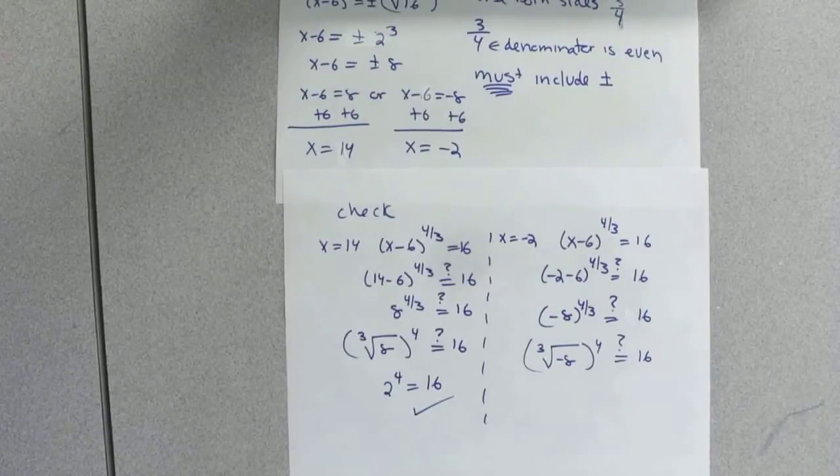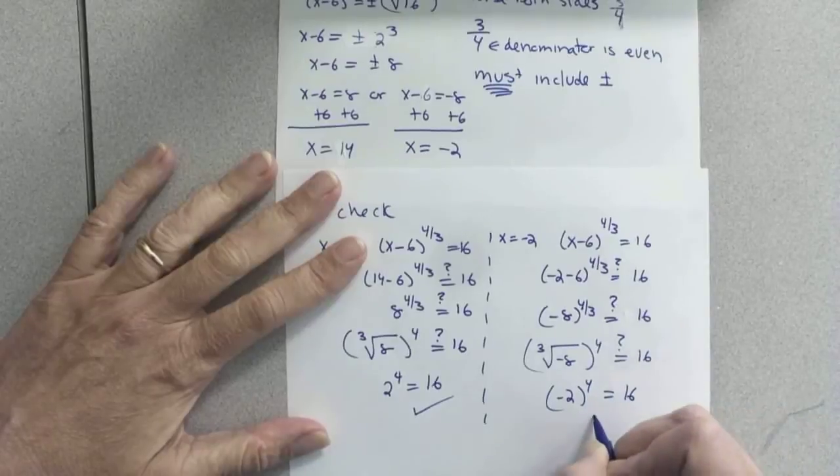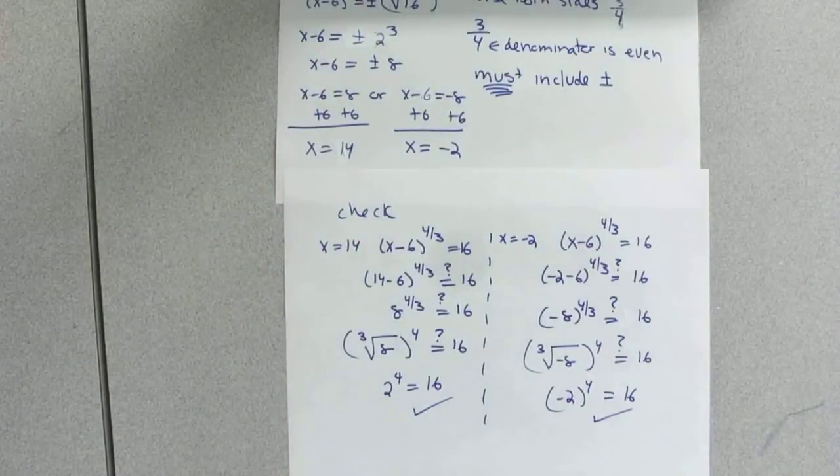Now I know some people are telling me there's something to do with an i here. But remember, square roots of negatives give you i's, not cube roots. Odd roots of negatives just give you negative answers. So no i here because this is a cube root. What number cubed gives me negative 8? That would be negative 2, and negative 2 to the 4th is 16, and so they both check.